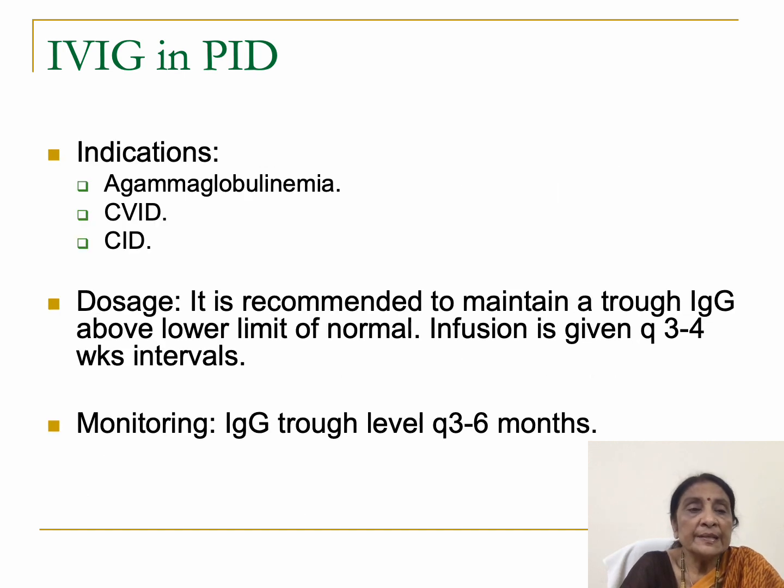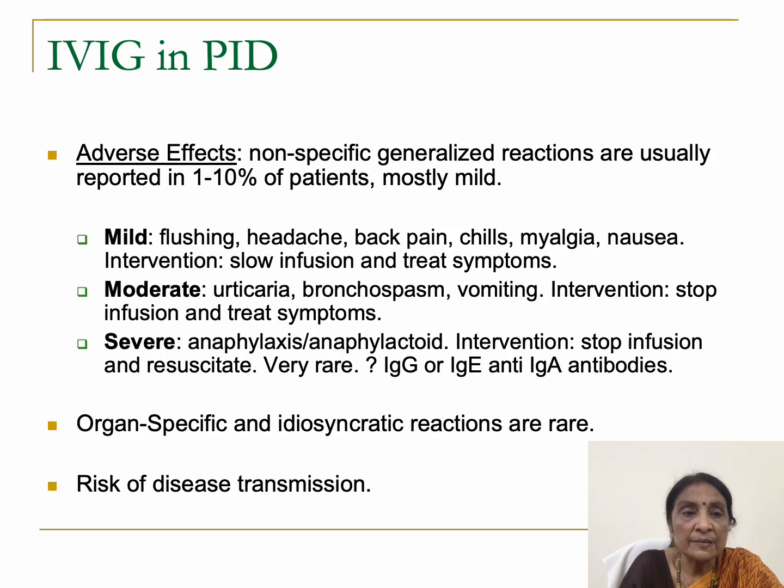So, the indications of IVIG in PID are agammaglobulinemia, CVID, CID. Dosage: it is recommended to maintain a trough of IgG above the lower limit of normal, and infusion is given at 3 to 4 weeks interval, may be shorter. Monitoring of IgG trough level is done every 3 to 6 months.